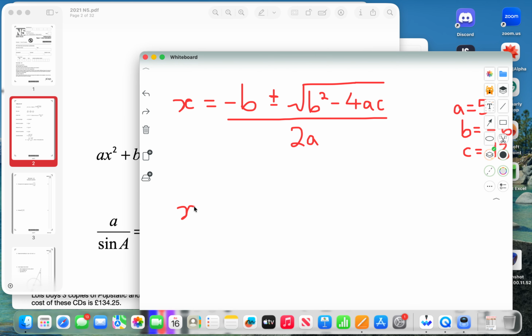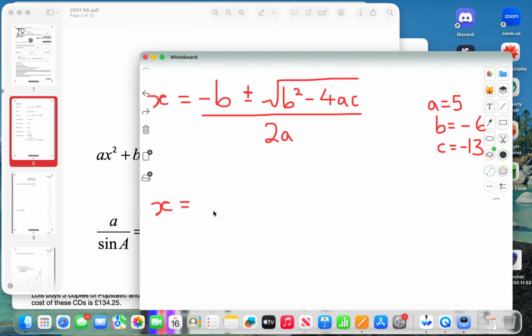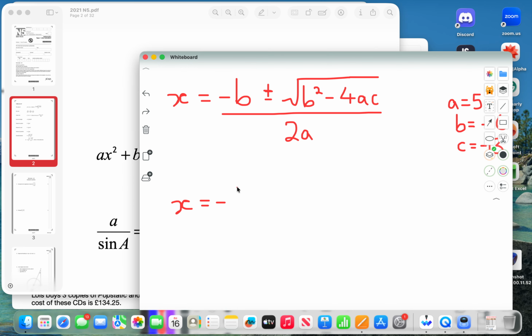Let's substitute what we have. B is -6, so that's -6 plus minus. The plus minus part implies you get two solutions.